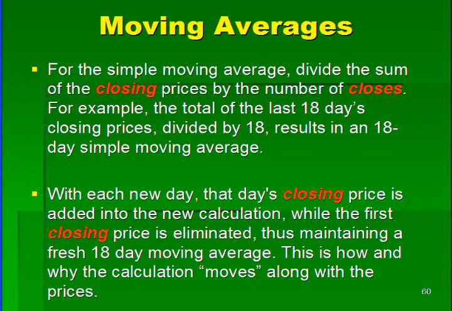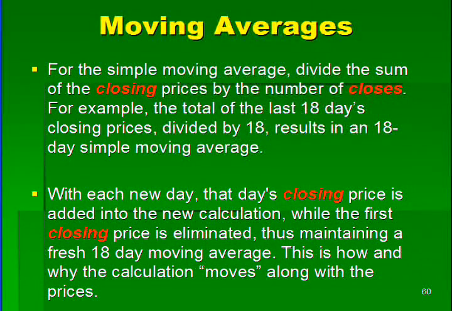Now, a simple moving average is simply you add up the sum of the closing prices and divide by the number of closes. For example, if you take an 18-day simple moving average based on closing prices, take the last 18 days' close, add it up, divide by 18, and that will give you your 18-day current simple moving average price.